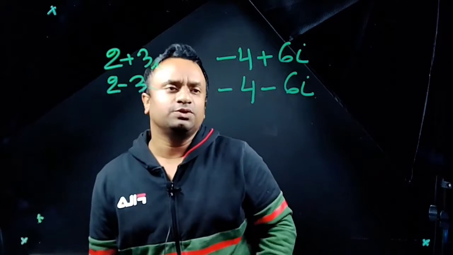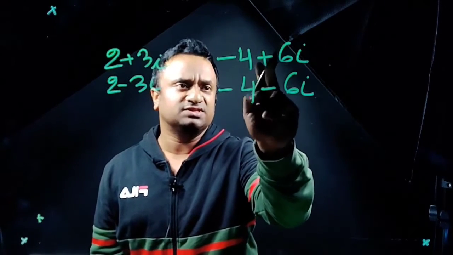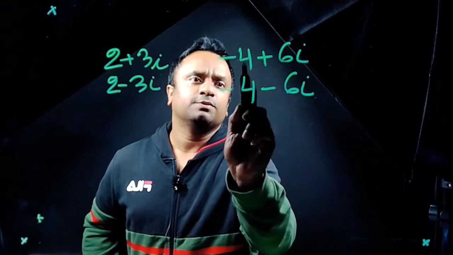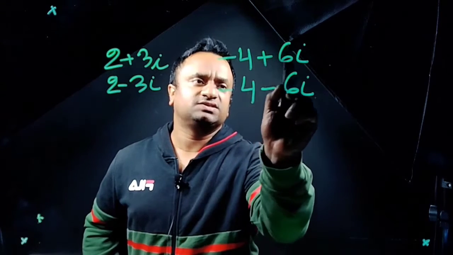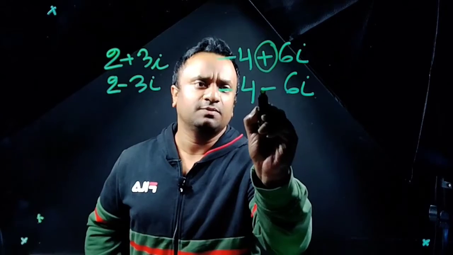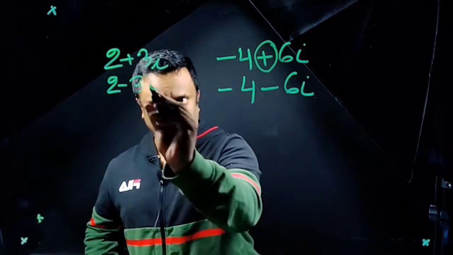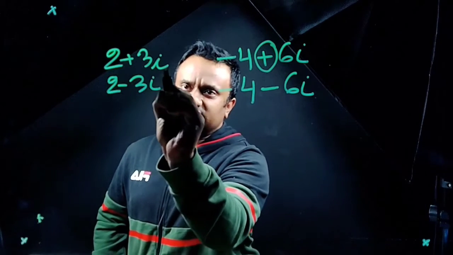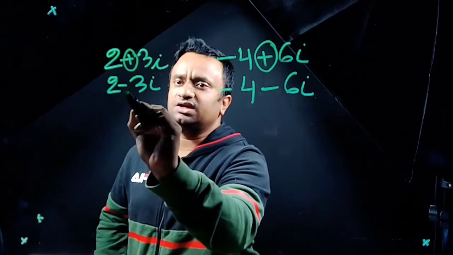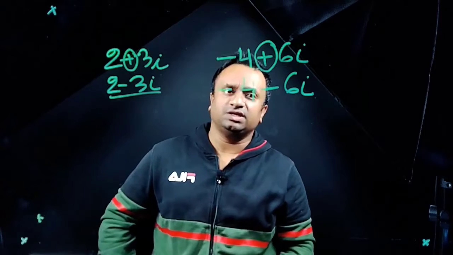You just need to change the middle sign, the sign between the two numbers. Here in minus 4 plus 6i, we change the plus sign to minus and it becomes the complex conjugate. Likewise, 2 plus 3i becomes 2 minus 3i.